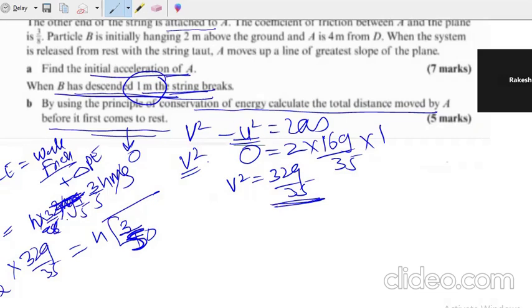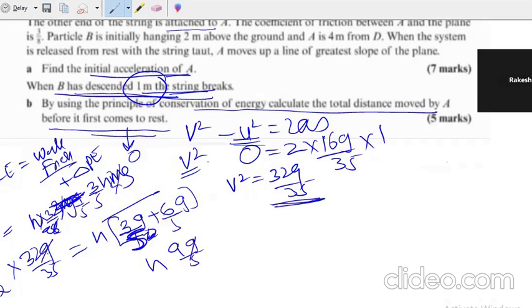And 2 into g, plus again we had this 3 by 5 mg, 2 mg. This was also 2 mg, with 3 by 5 sine theta. Yeah, 2 mg. So again I have got 6 by 5 g. So this is 9g by 5 into h, and then the g cancels.